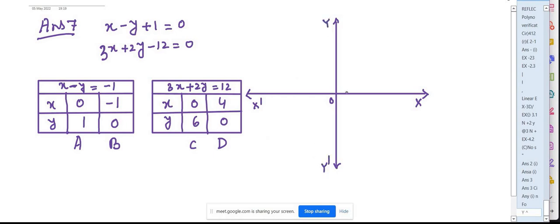Here the highest number is 6. 1, 2, 3, 4, 5, 6. Minus 1, minus 2, minus 3, minus 4, minus 5, minus 6, on both axes.